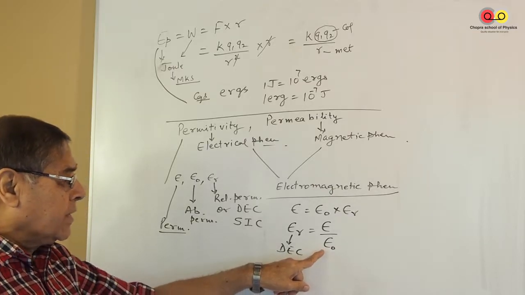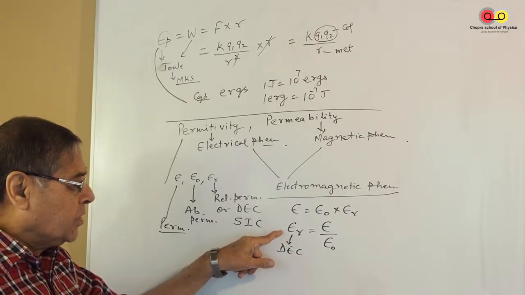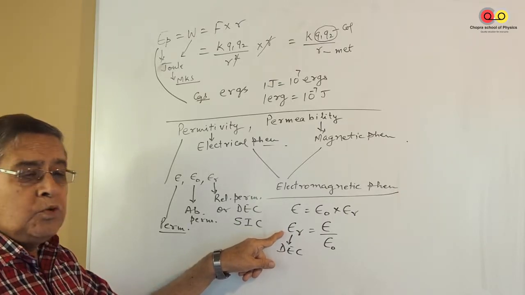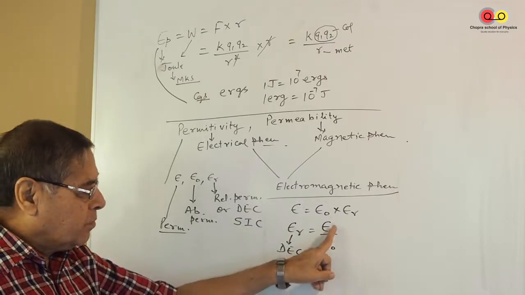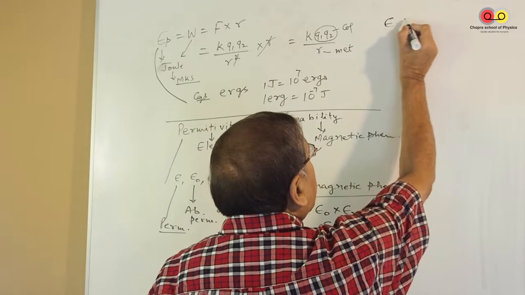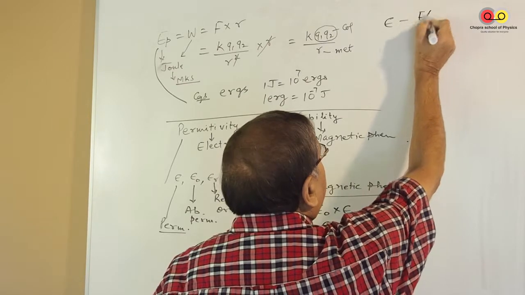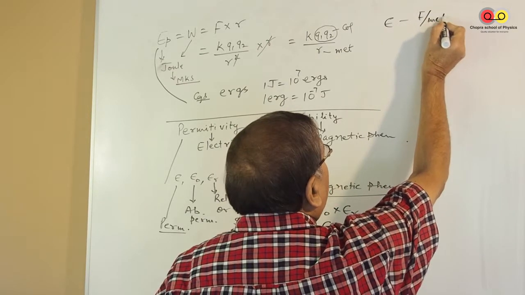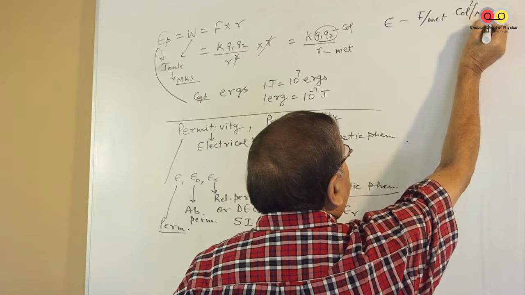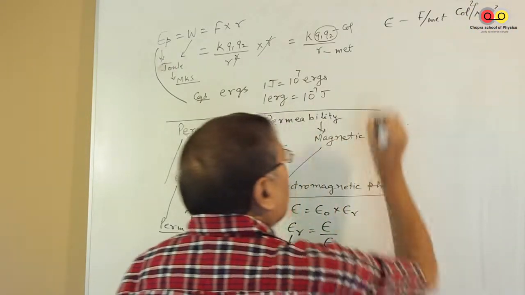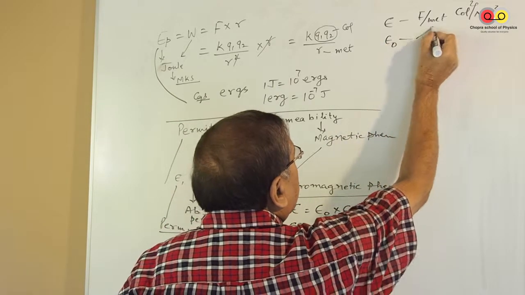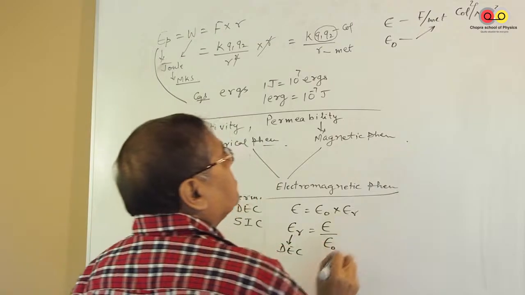Now the question arises, what is the unit of dielectric constant? Now you have to make a recollection. Permittivity is expressed in Farad per meter or Coulomb square per Newton meter square. And absolute permittivity also has the same units.